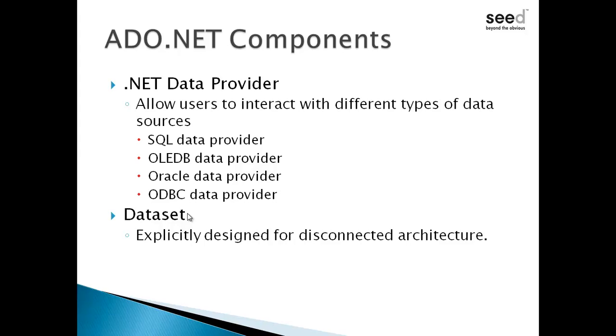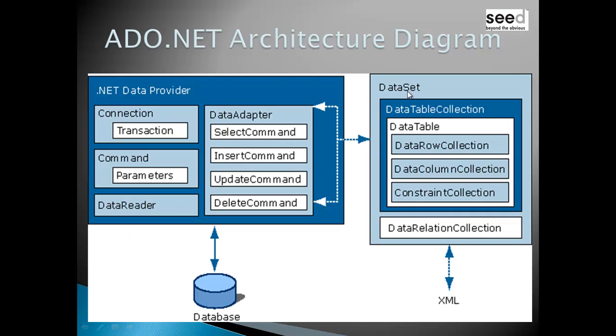But in this figure you can see that there is another component of ADO.NET, that is the dataset, which is independent of databases. Means there are 4 copies of the connection class, there are 4 copies of the command class, but the dataset is only one, as it is independent of databases.